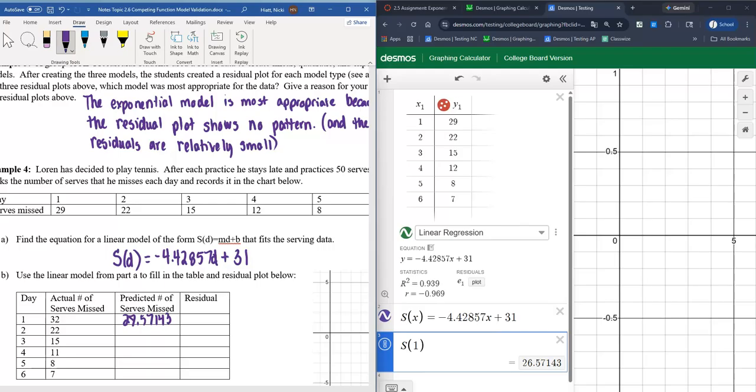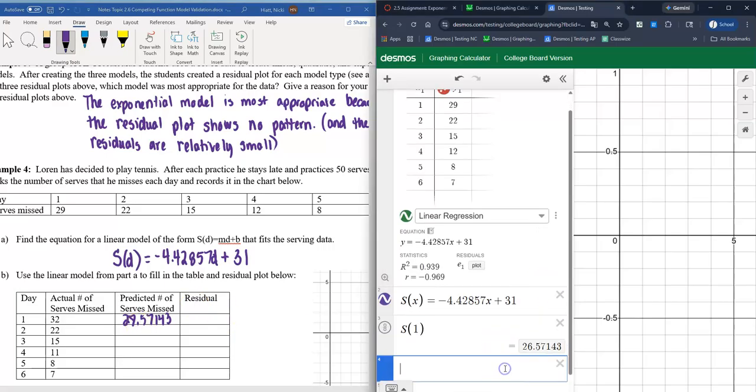So the line predicts that he would miss 27.6-ish serves that first day. So if I want the residual, I'm just going to do 32 minus that number. And I will get 5.42857.